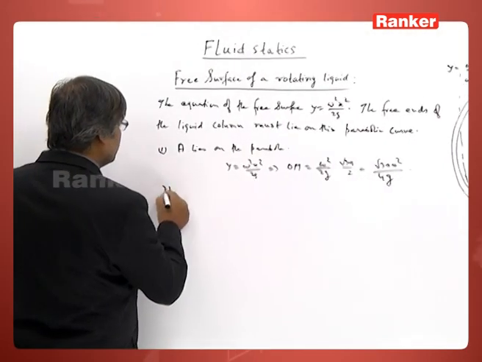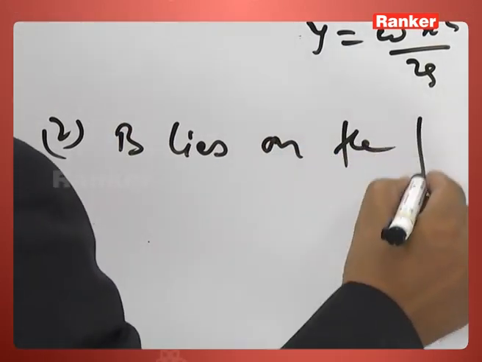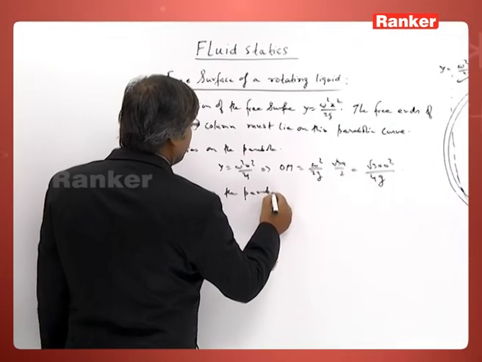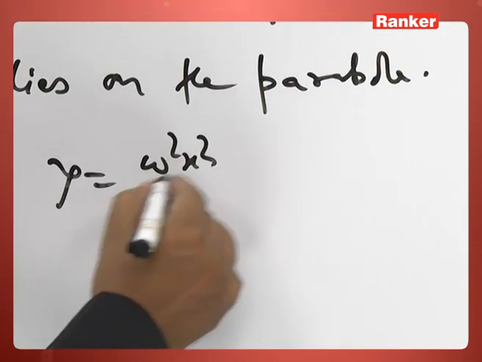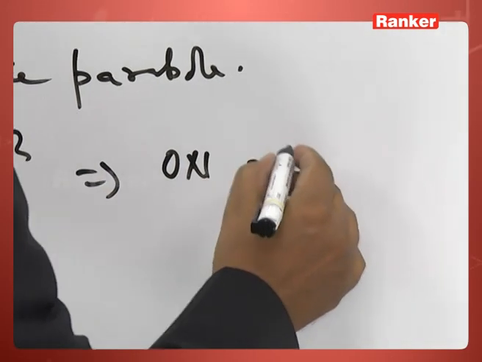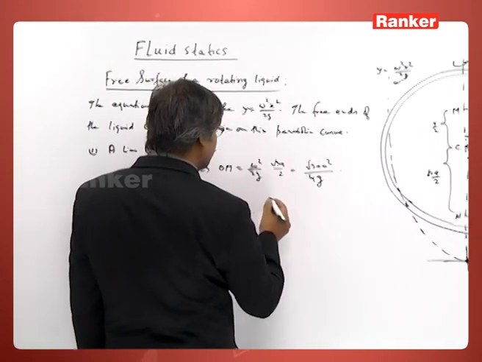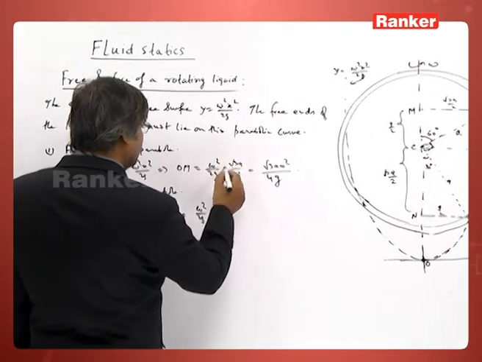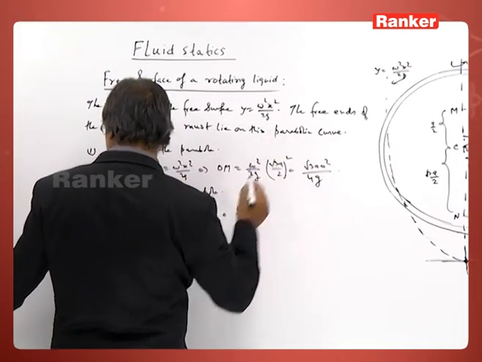Next, point 2, B lies on the parabola. B also should lie, so we have y is equal to omega square x square by 2g, implies ON is equal to omega square by 2g x square. Here I have to do this square.